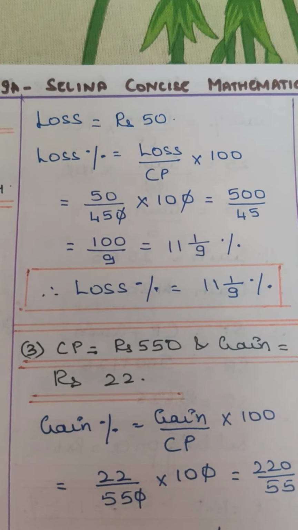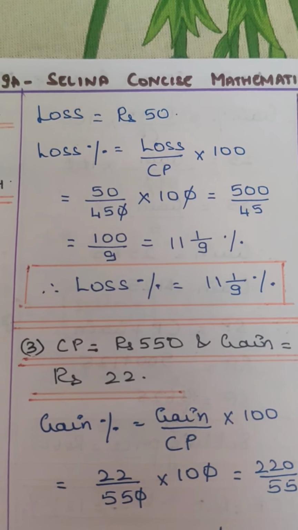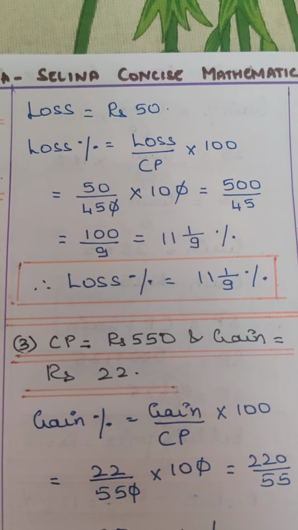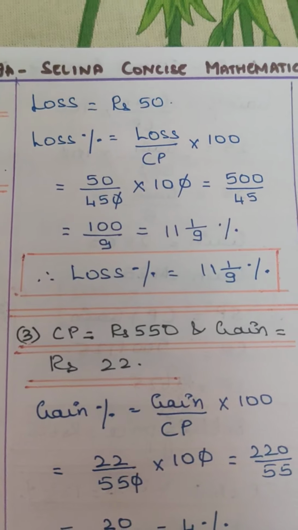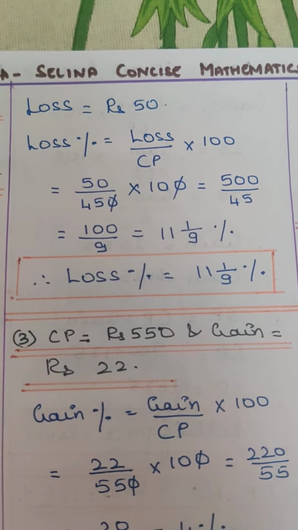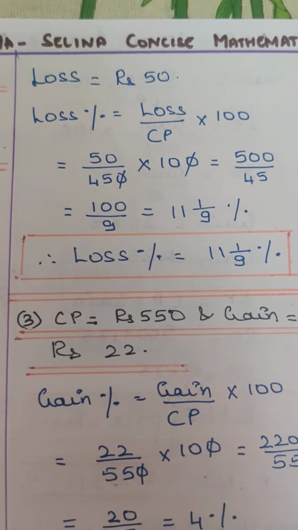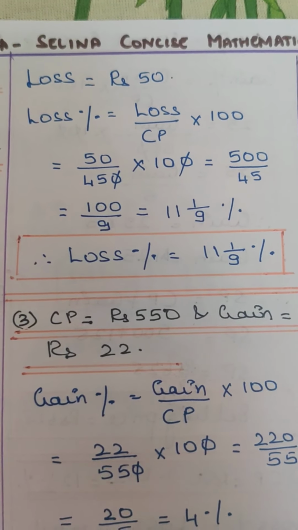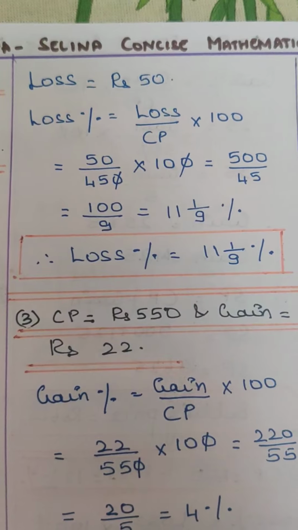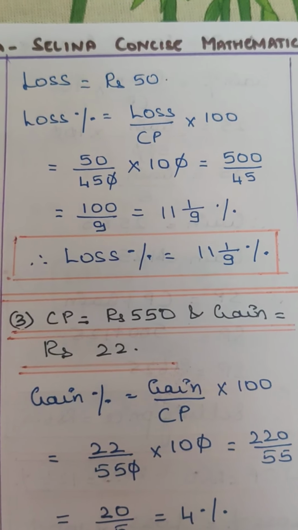How do you calculate loss percent? The formula is loss by cost price into 100. That is 50 by 450 into 100. That gives you 500 by 45. That gives you 100 by 9. That is equal to 11 1/9%. Hope this is clear. Therefore, loss percent is equal to 11 1/9%.